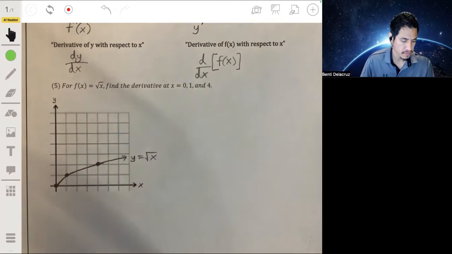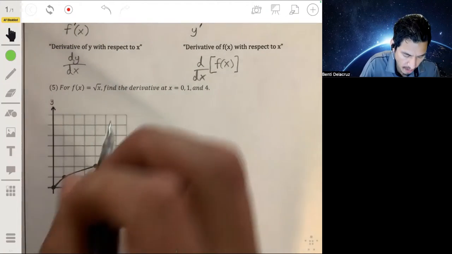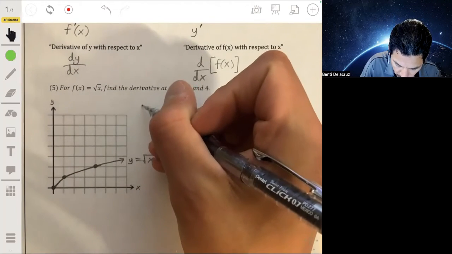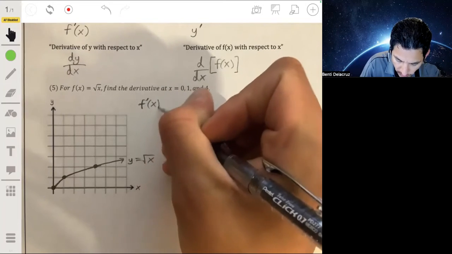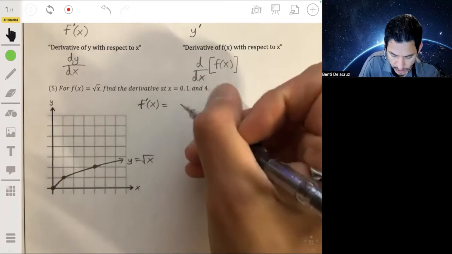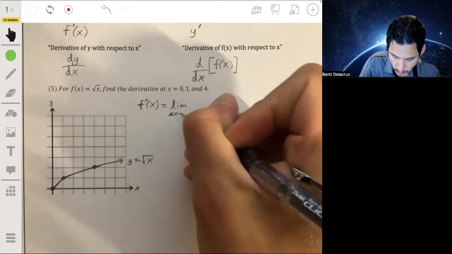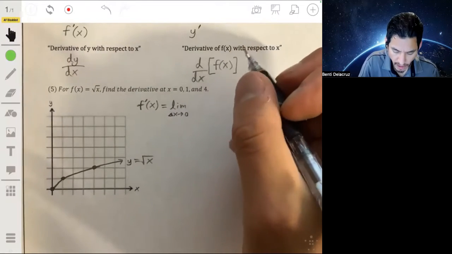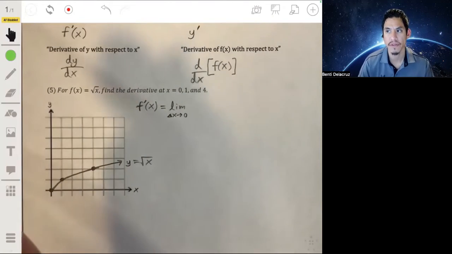Okay, so now let's go through the limit process for calculating the derivative. Let's find a general equation. So f prime of x will be equal to the limit as delta x goes to 0 of f of x plus delta x.